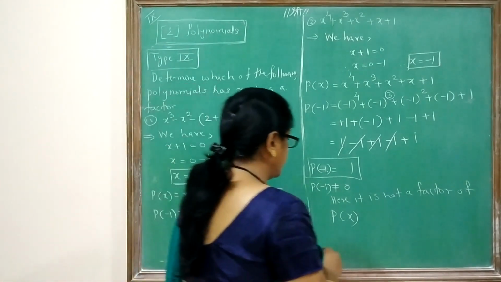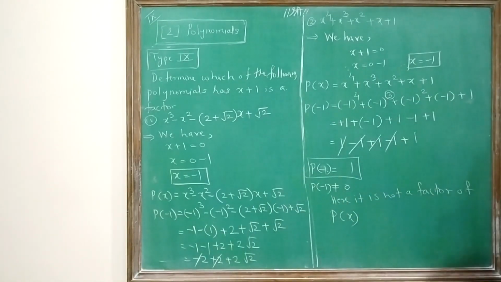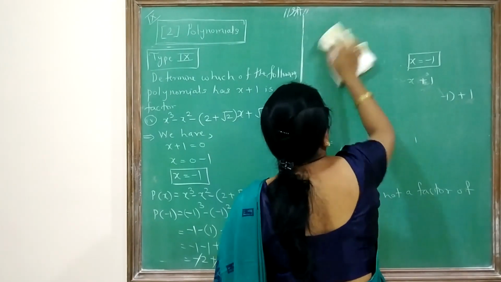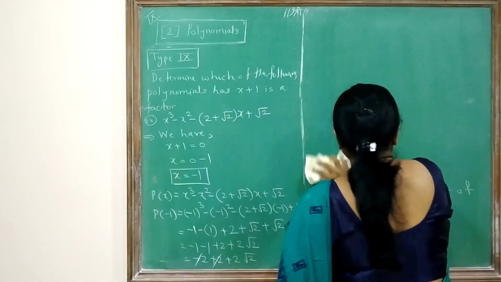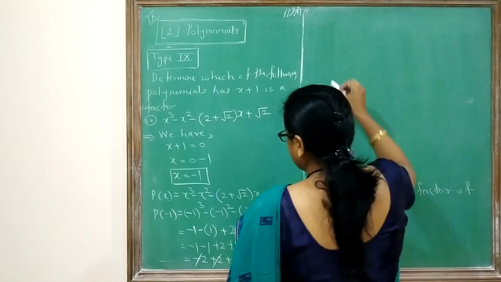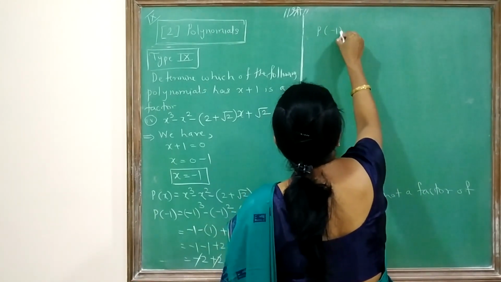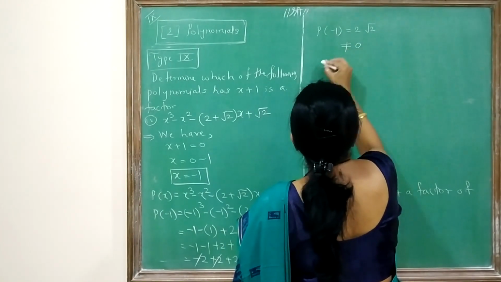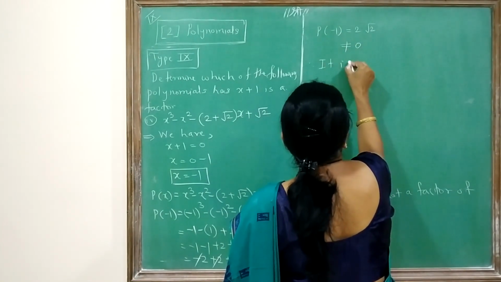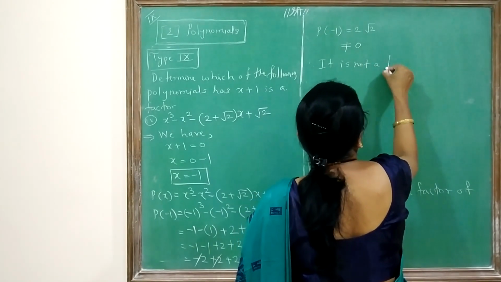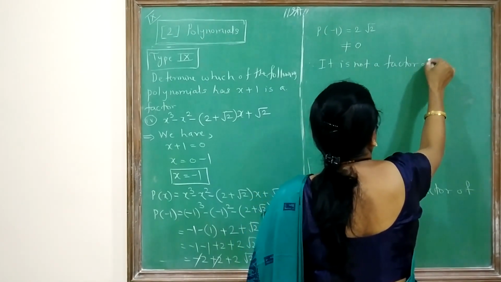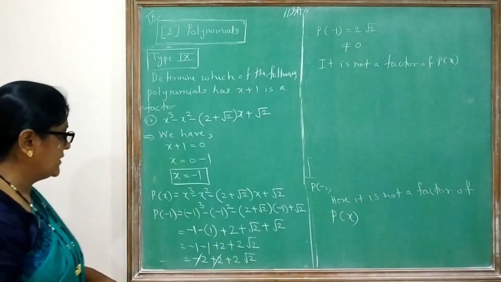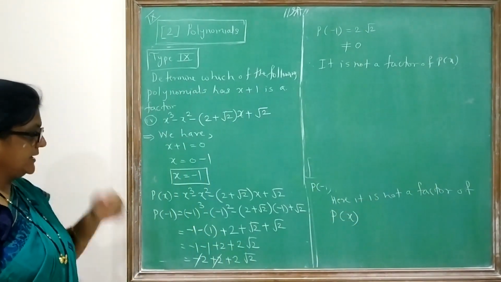Then your answer is p of minus 1 equal to 2 root 2. Then it is not equal to 0, and therefore it is not a factor of p of x.